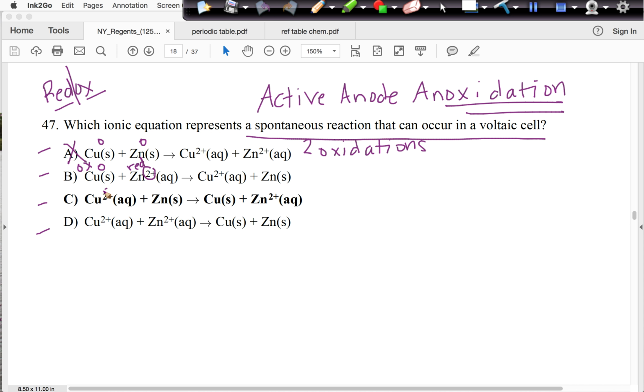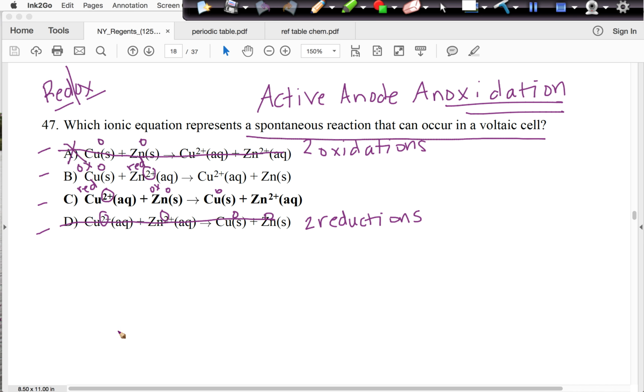In choice 3, copper is being reduced because its charge is going down. Zinc is being oxidized because its charge is going up. And in D, both copper and zinc are being reduced, which again, for a redox reaction, both oxidation and reduction have to happen at the same time.